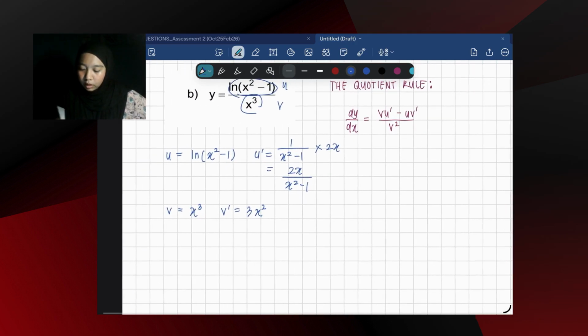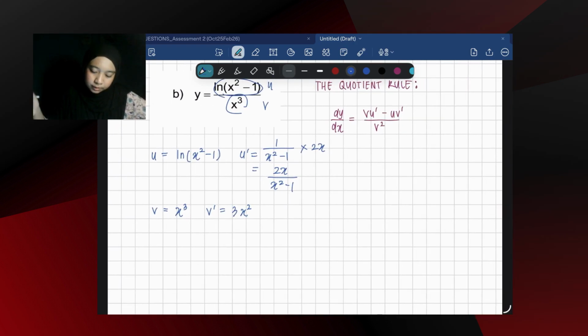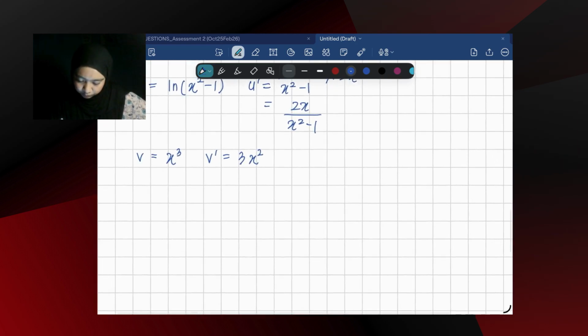When we have all the information, we substitute into the formula.